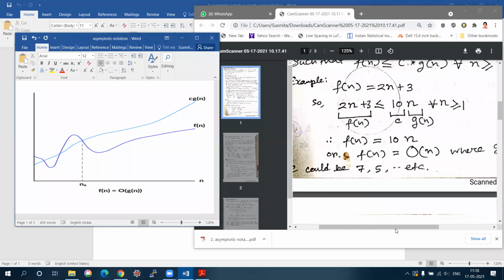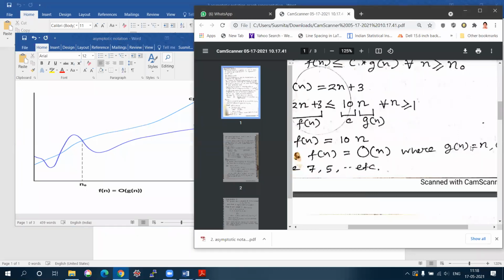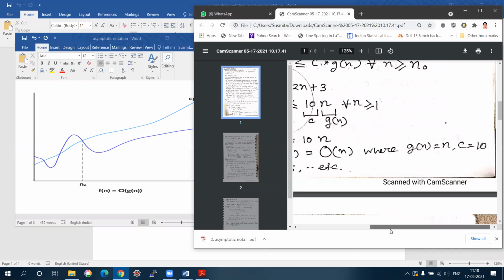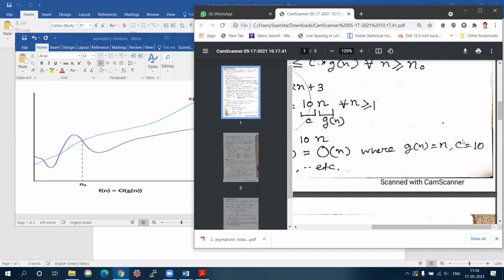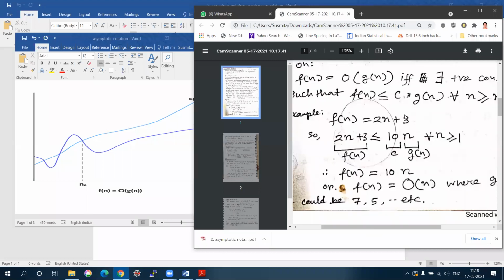As we tried to find out, g(n) equals n, and for g(n) equals n, this inequality is satisfied, using the constant c equals 10: f(n) less than or equal to c into g(n), where c equals 10, g(n) equals n, and f(n) equals 2n plus 3.